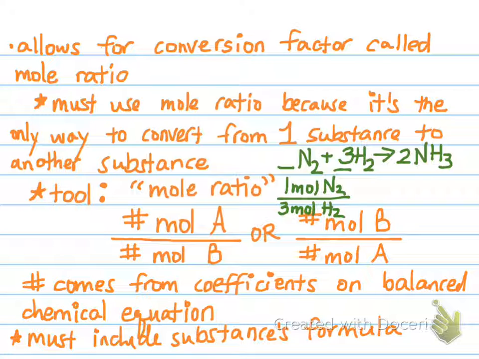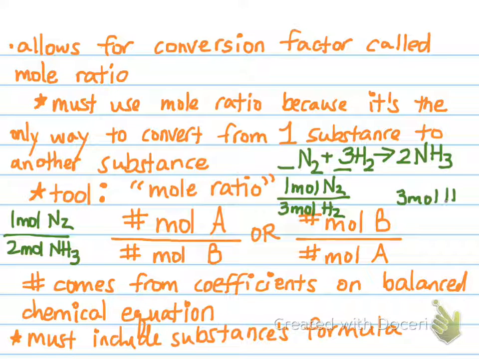I can also do nitrogen and ammonia. So I can have 1 mole of nitrogen to 2 moles of ammonia. And again, the 2 comes from the coefficient in front of ammonia. And lastly, I can have hydrogen and ammonia. So I can have 3 moles of hydrogen to 2 moles of ammonia.